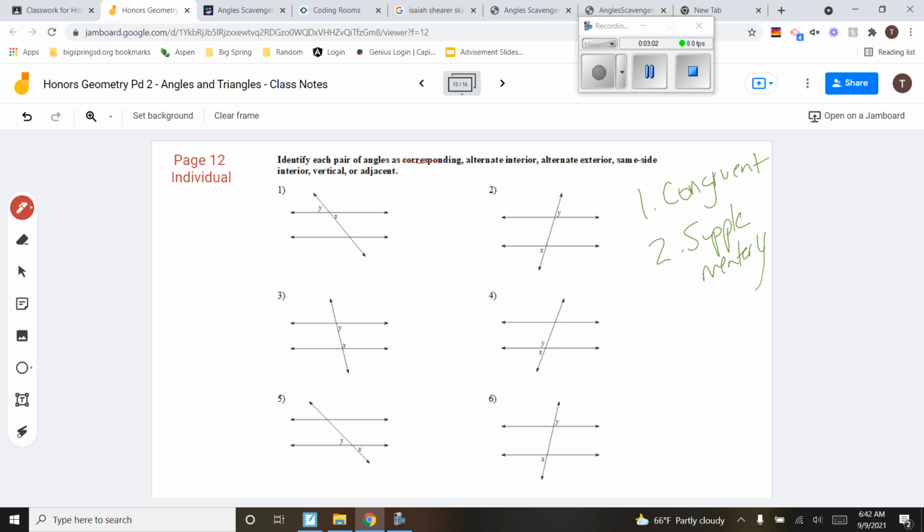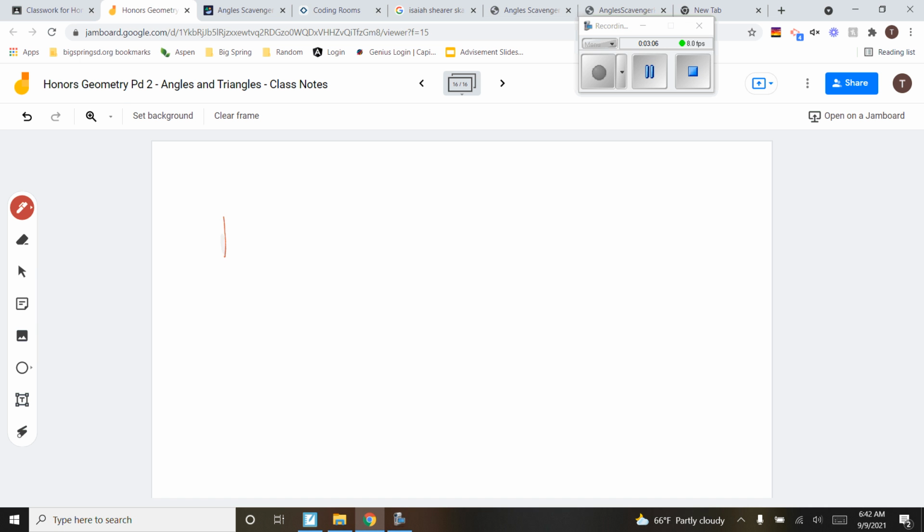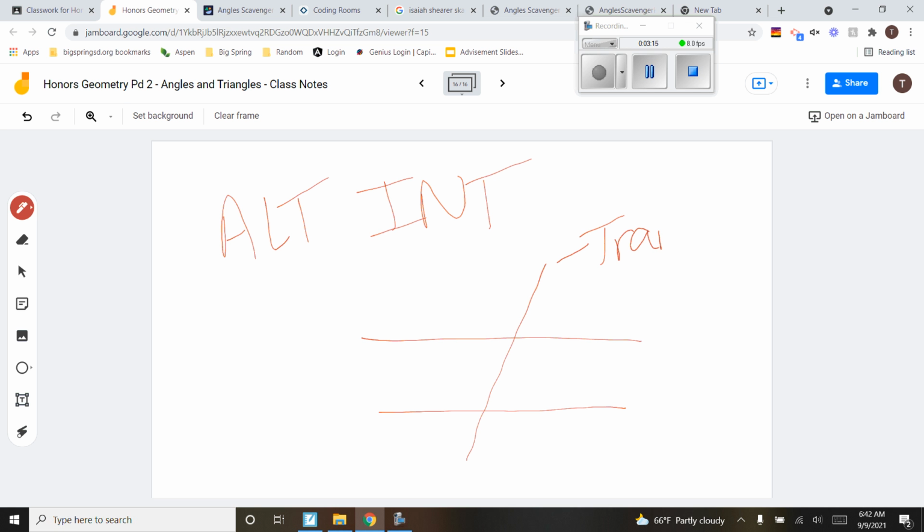The next word, alternate interior. So when you think about alternate, think about the transversal. The transversal is this line. It's a line that goes through the parallel lines. So alternate means there's one angle on either side of it.